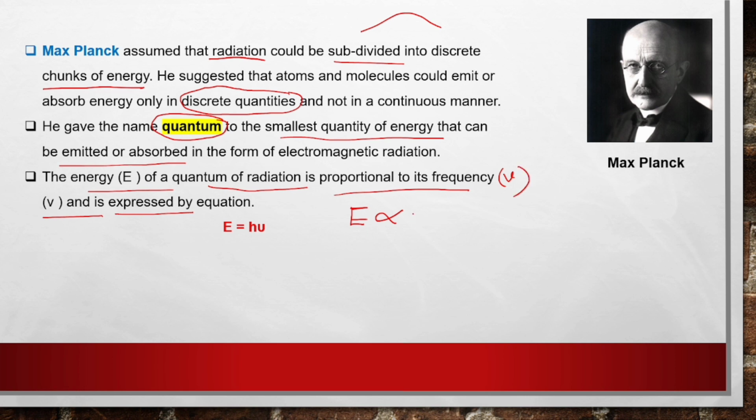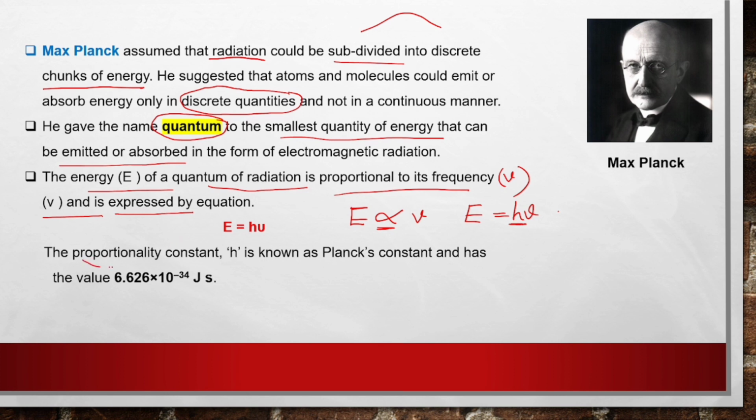To change this proportionality into an equality, we write E is equal to h nu. h is a proportionality constant known as Planck's constant, and the value of Planck's constant h is 6.626 into 10 power minus 34 joule seconds.